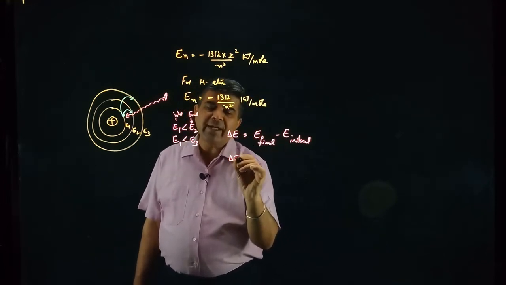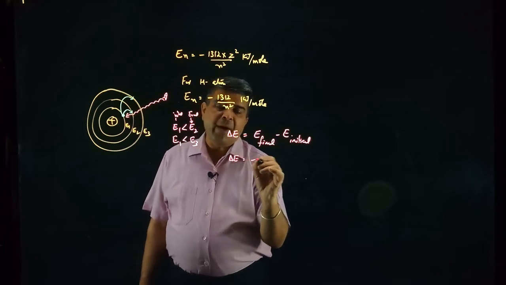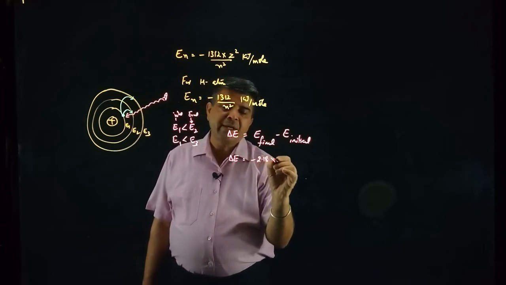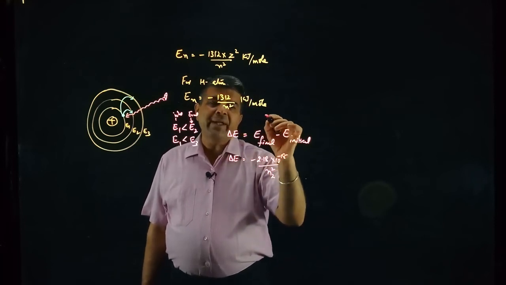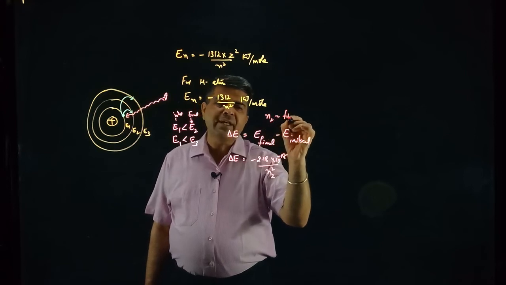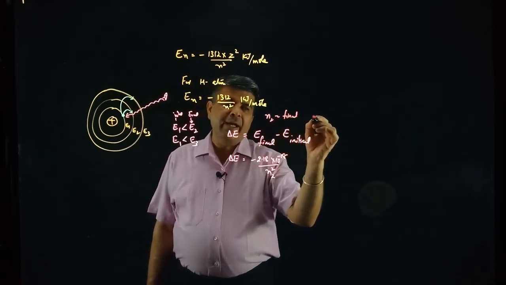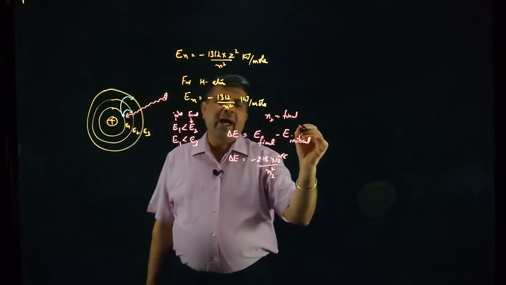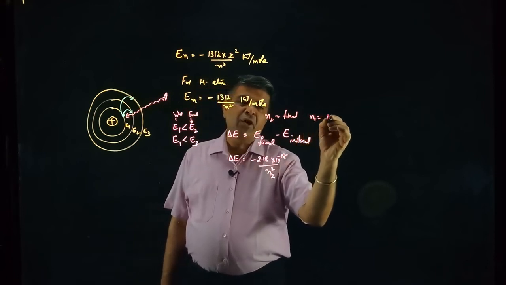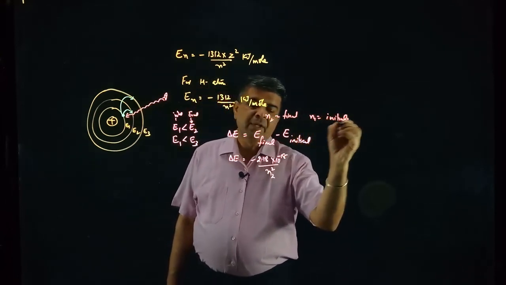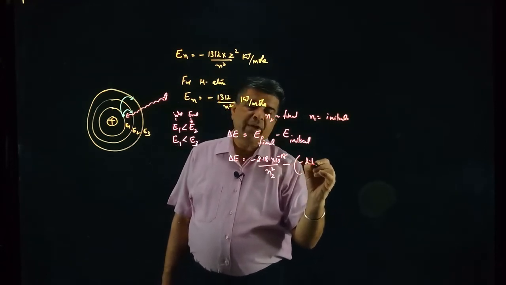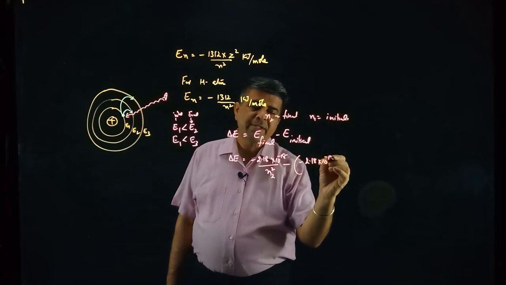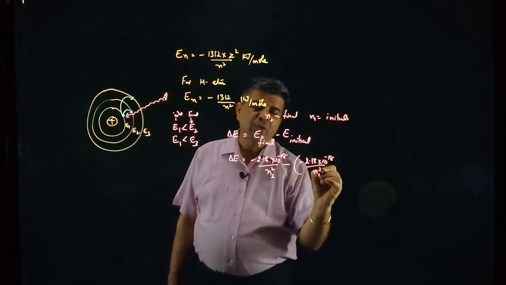So delta E, the change in energy, would be minus 2.18 into 10 raised to power minus 18 over N2 square. Now I am taking N2 as the final energy level, or final orbital, and N1 would be the initial orbital, and this would be minus of minus 2.18 into 10 raised to power minus 18 over N1 square.